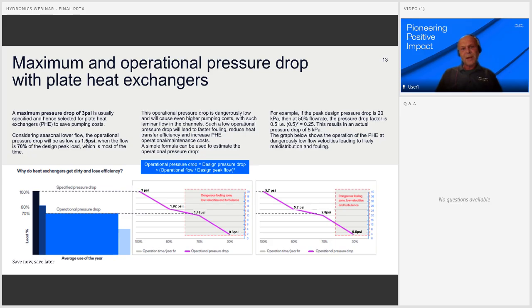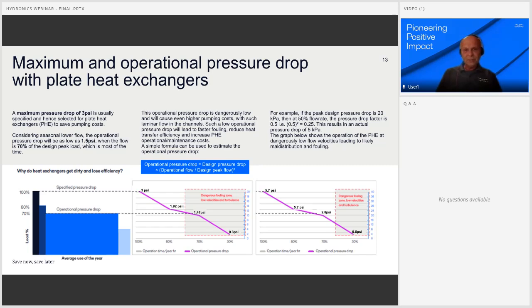If we look at a broader perspective and try to cover where the dangerous area is, in this case we calculate on a 70% load of the year. That means in the 3 psi design mode, and we compare it with the dangerous field where it starts, we can already see that at a pressure drop of 1.4 psi as the official operational pressure drop, in a lot of the cases during operations, it starts getting tricky by means of fouling and a reduction of the efficiency of the heat exchanger.